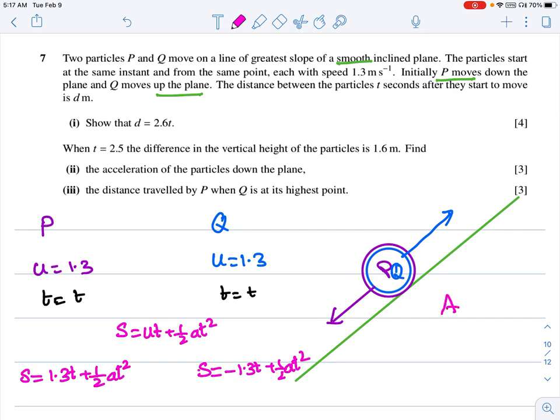So let me write over here, acceleration, whether it is going up or down, is going to be the same because it is on the same inclined plane. So the distance formula s is equal to ut plus half at square has been taken. Because velocity is a vector quantity, if you are considering going upwards as positive, then going downwards will be negative.